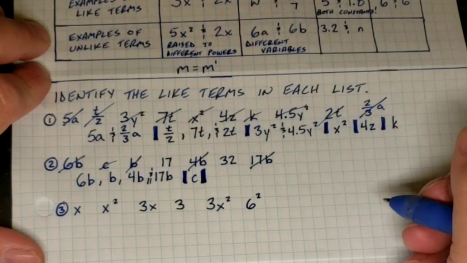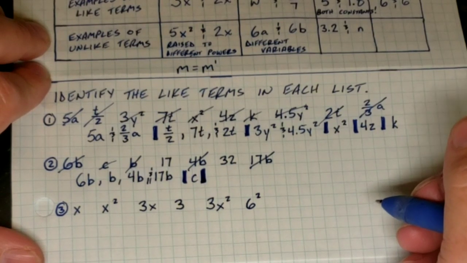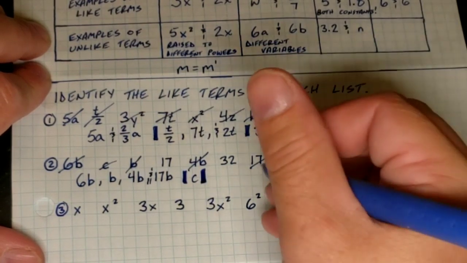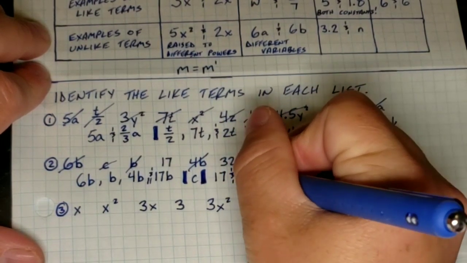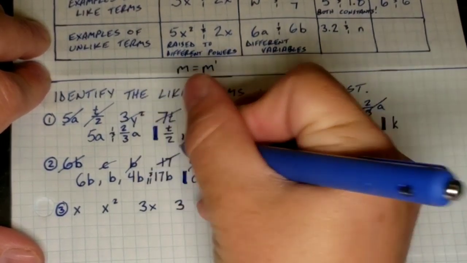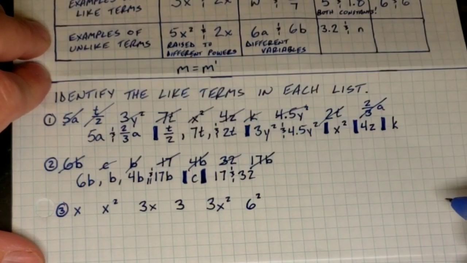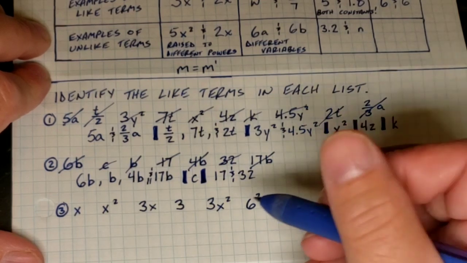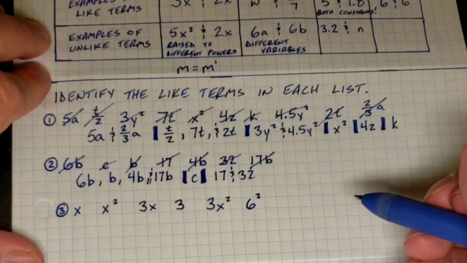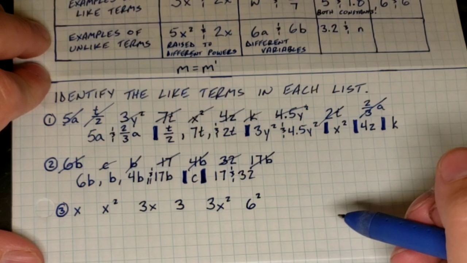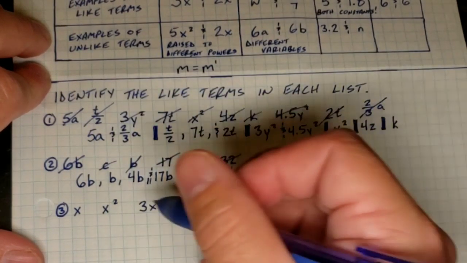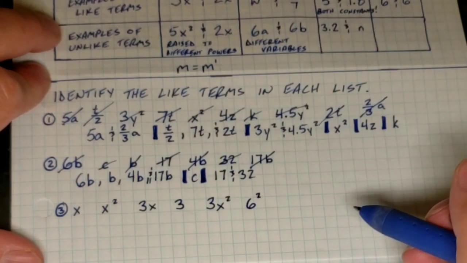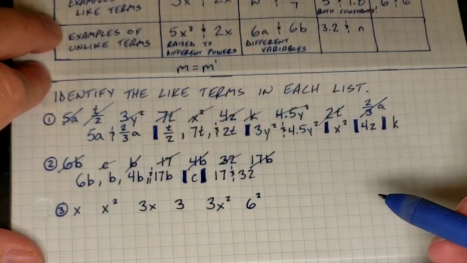And then what about the 17 and 32? Well, if you remember what we said earlier, constants are also like terms. So 17 and 32 are like terms as well. Remember again, not only do they have to have the same variable, but the variable needs to be raised to the same power. So let's look at this one. Do the x's and the x squareds go together? No, they're not like terms.